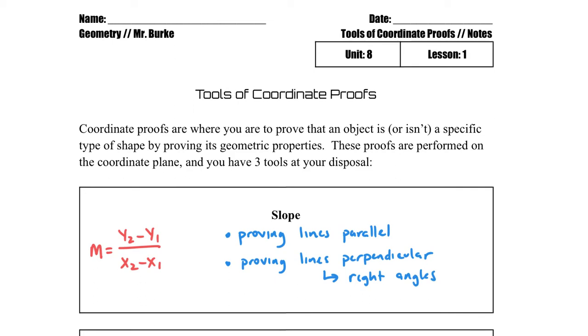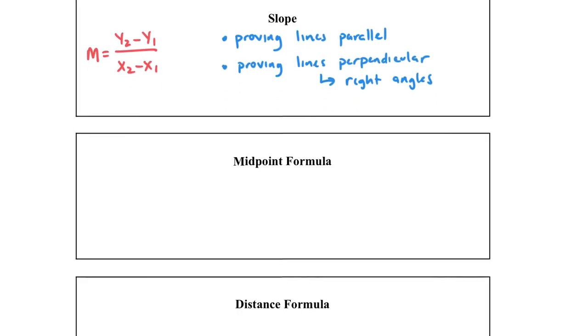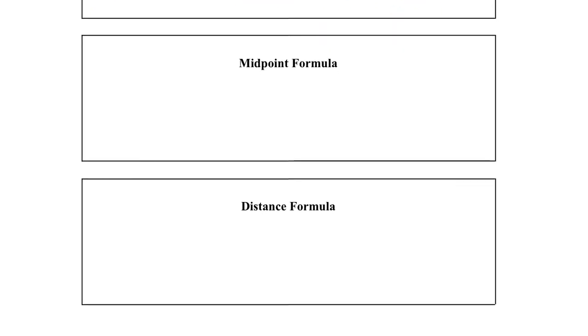What do we have next? We have the midpoint formula. The midpoint formula, you already know, is going to be the average of the x's and the average of the y's written as coordinates. And what is the midpoint formula good for?